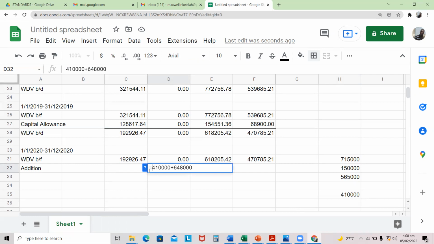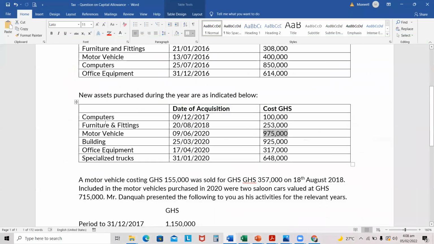When you add them, it's 10,058,000. Okay, so we're done with class 2. Let's look at motor vehicles. So we've done this and then specialized trucks.